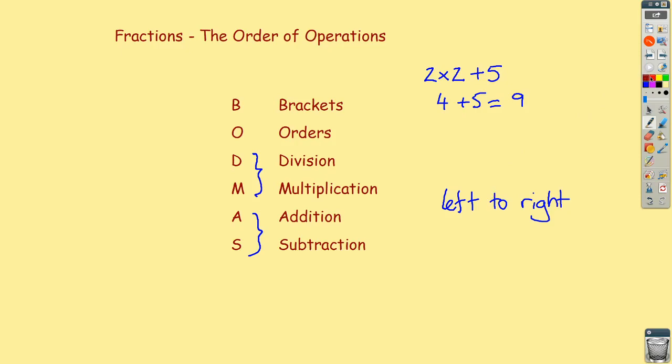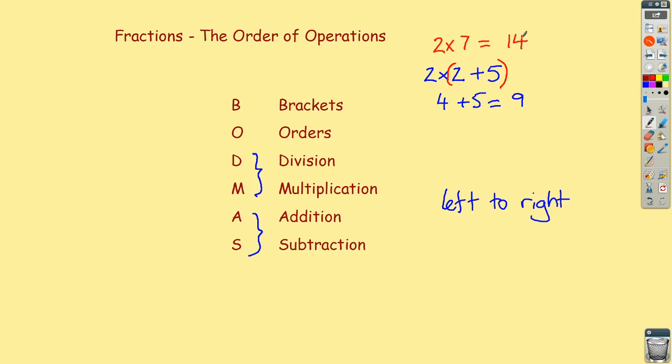Okay, but say that you actually wanted to multiply the addition of 2 plus 5 by 2. You put a wee bracket in here to say, no, this bit's more important, we're doing this first, and it completely changes the outcome because we have 2 plus 5, so we've still got 2 multiplied by 2 plus 5 is 7, giving us a final answer of 14.